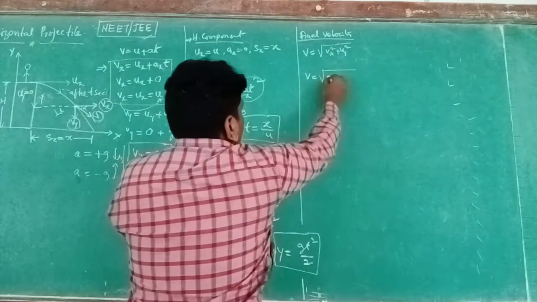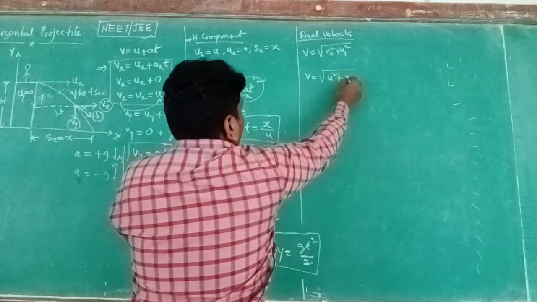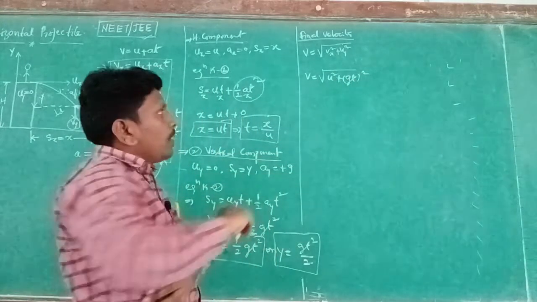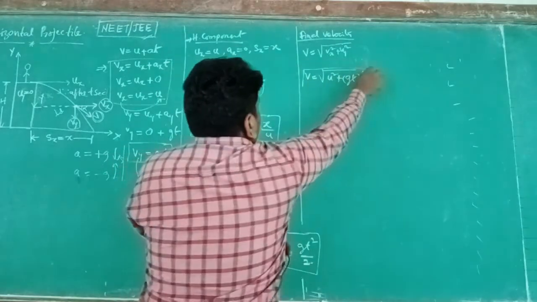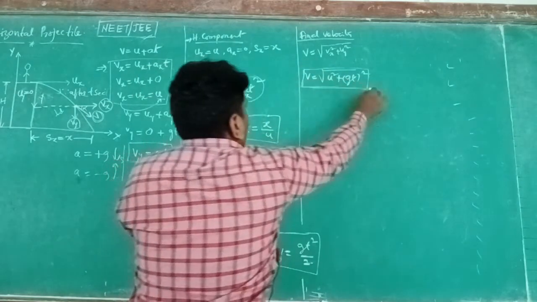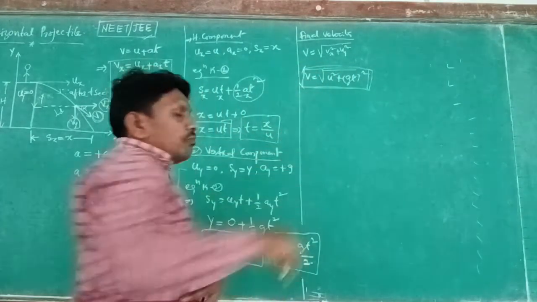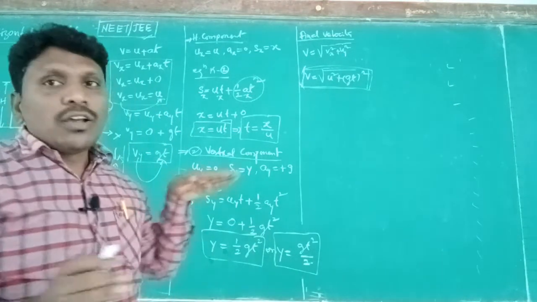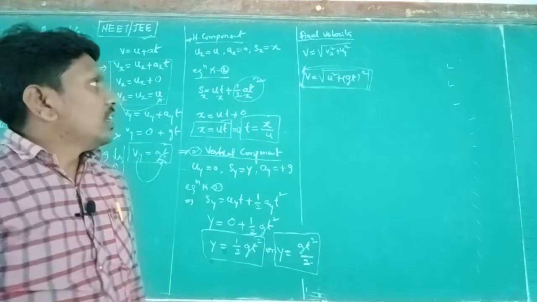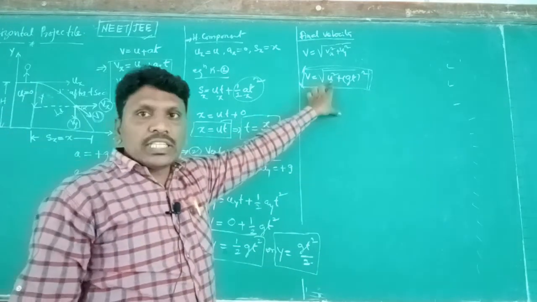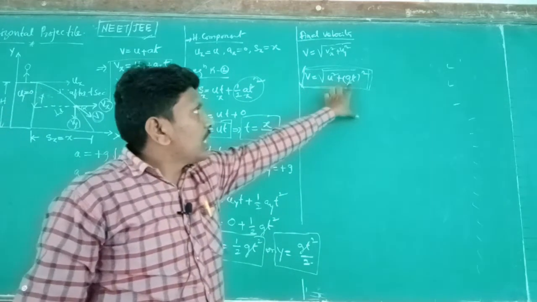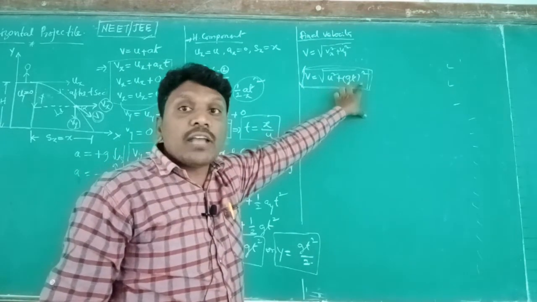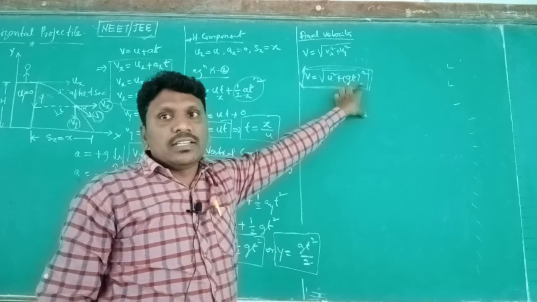That we can write as square root of u square plus gt whole square. Clear? From this formula we will solve many problems for the final velocity of the horizontal projectile. Here u is the horizontal initial velocity, g is the acceleration due to gravity, and t is the time, that is the time of descent.